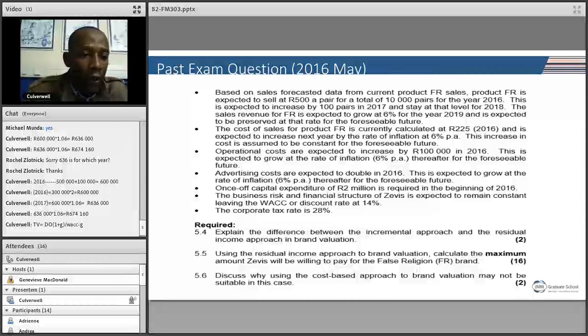So the concept of terminal value comes from the dividend growth model.